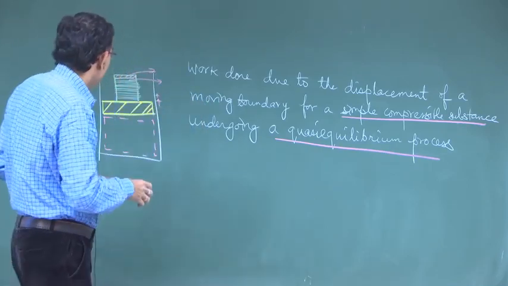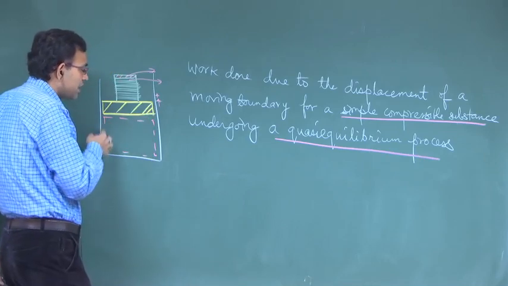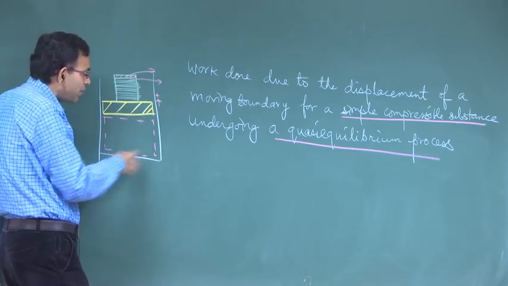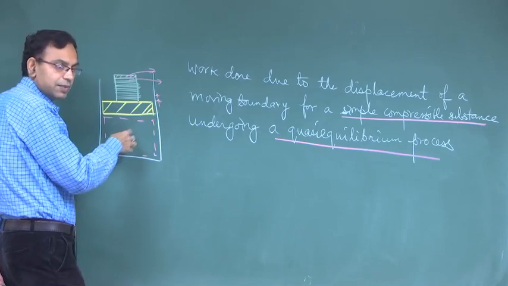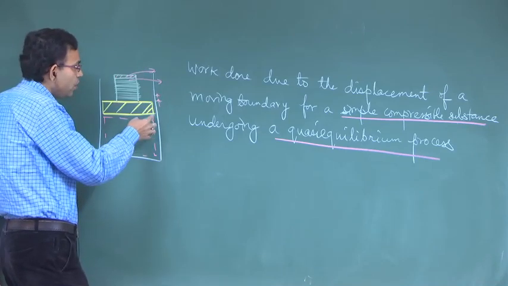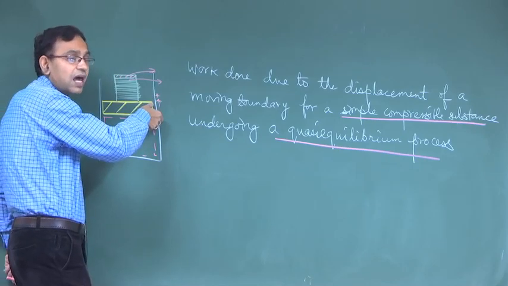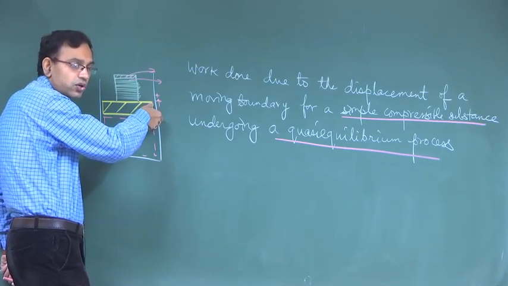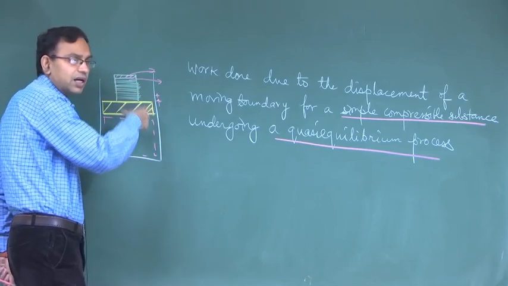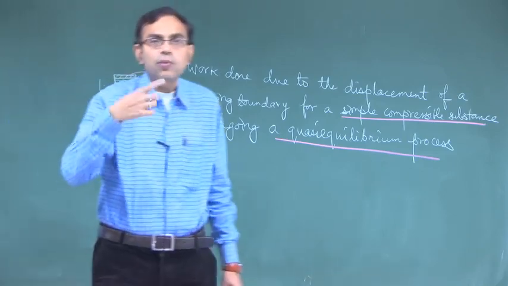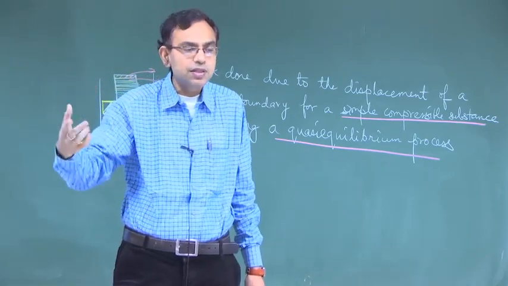That means, when we say that this is a thermodynamic equilibrium state, we mean everywhere the pressure, temperature, specific volume all are the same. When it comes to a new configuration, we should allow it sufficient time so that everywhere in this new configuration it will come to a new common value of pressure, temperature, specific volume.